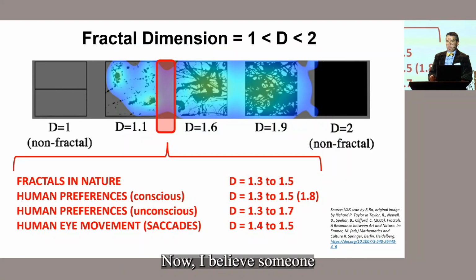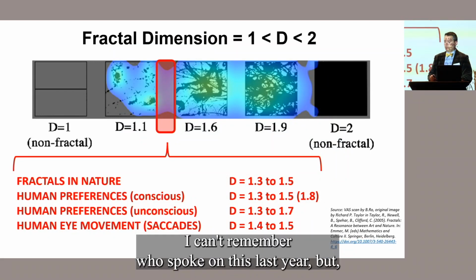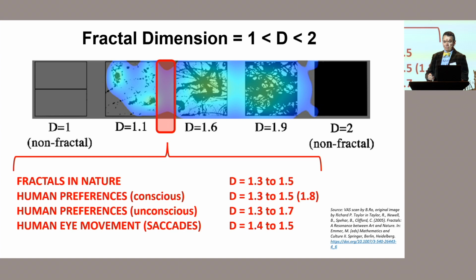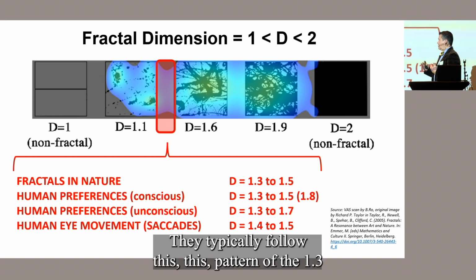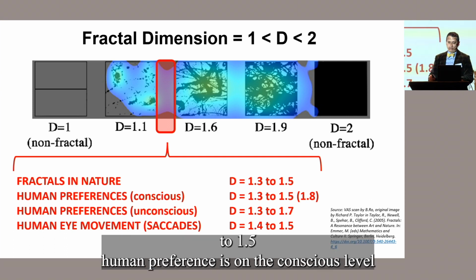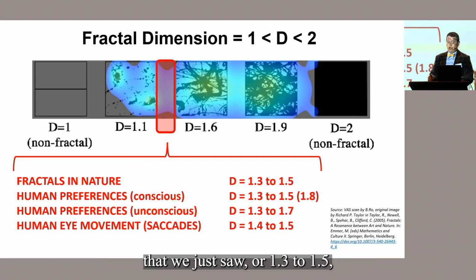Now, I believe someone, I can't remember who spoke on this last year, but with the fractal dimension, we find that fractals in nature typically follow this pattern of 1.3 to 1.5. Human preferences on the conscious level that we just saw were 1.3 to 1.5, but some even have a higher threshold.